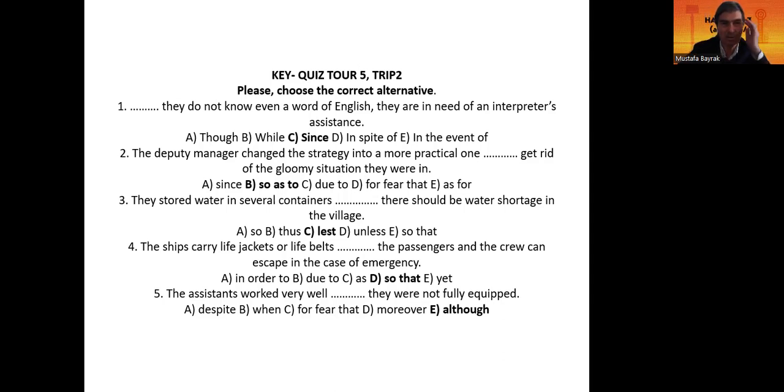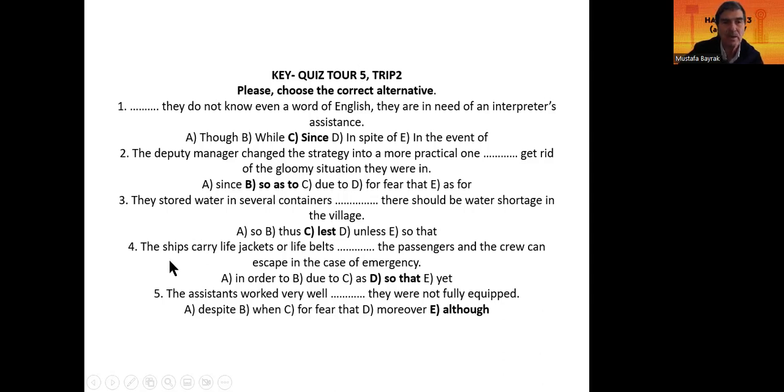So they stored water in several containers in case that there should be water shortage. Shortage means, as you know, absence, in the village.